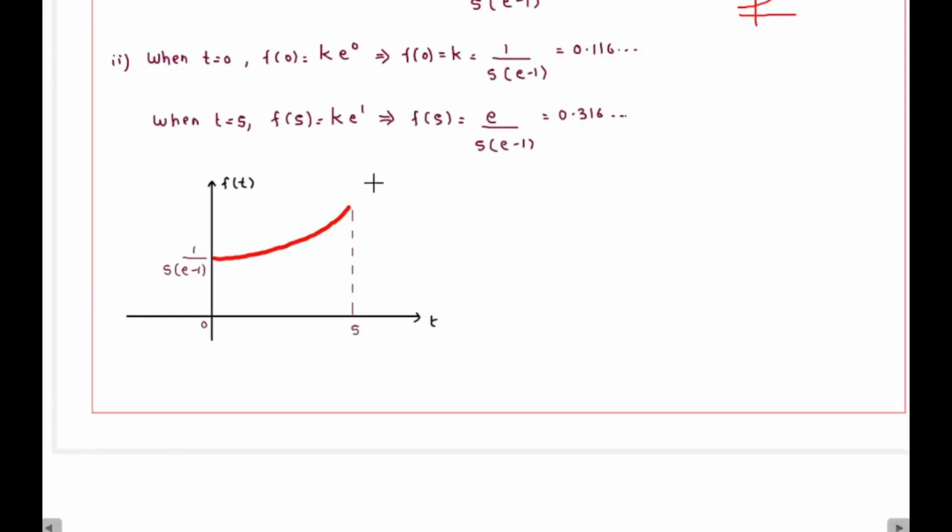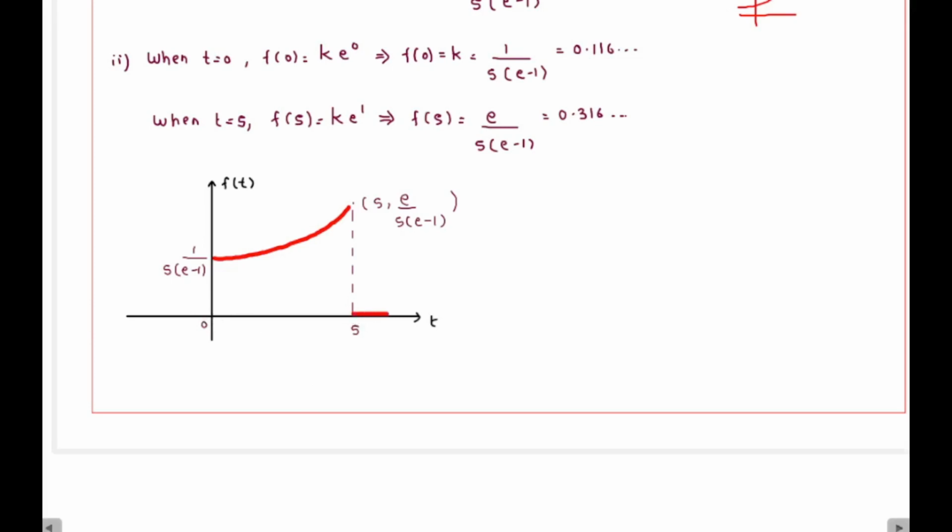It will have the point 5 comma e upon 5 times (e minus 1). Correct? And outside the interval of 0 to 5, f of t is 0.